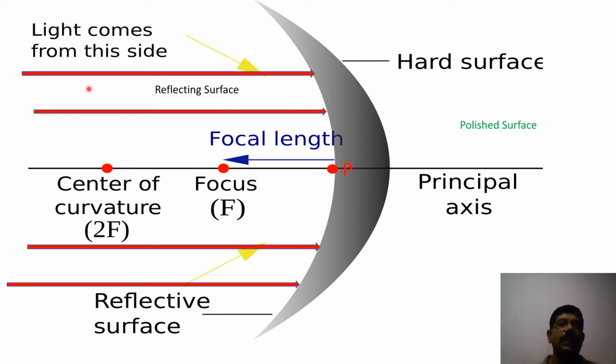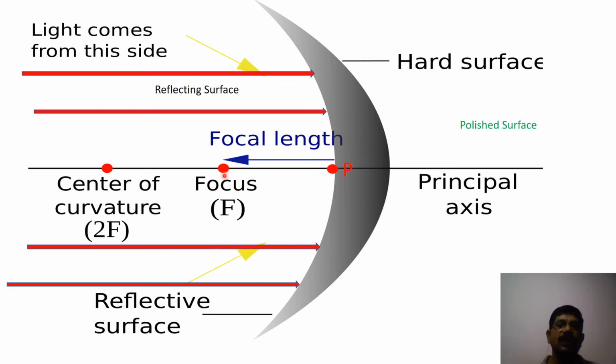Light rays may come from a distant object or a nearby object. Here I have taken the light rays coming from a distant object. When these light rays fall on the concave surface, after reflection, they meet at a point.